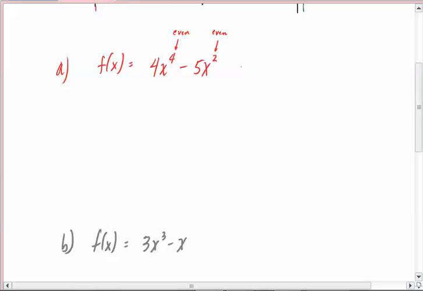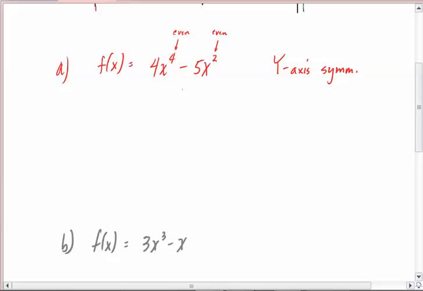This one doesn't, but if I have even powers, then this is going to be y-axis symmetry. Have to have only even powers, okay, has nothing to do with this right here, nothing to do with that at all, okay, nothing to do with this coefficient here at all. Has everything to do with the powers of the variables.